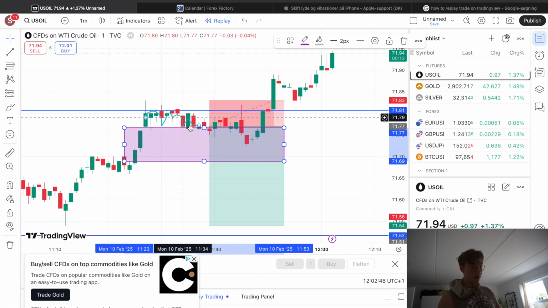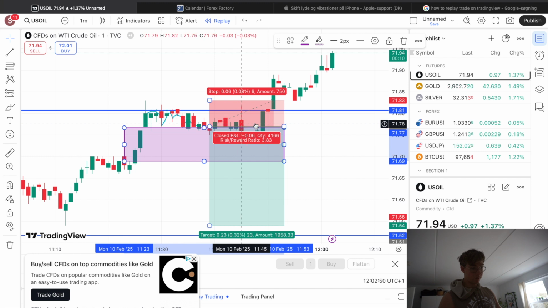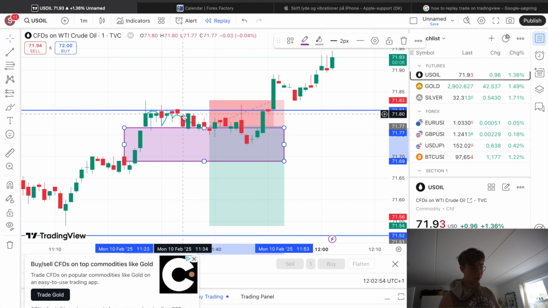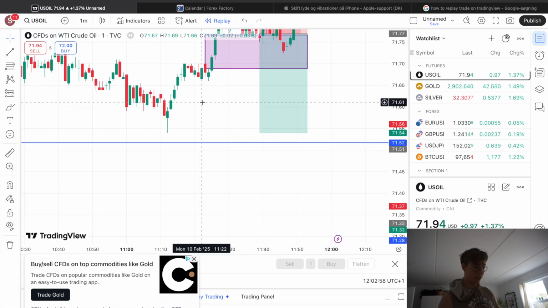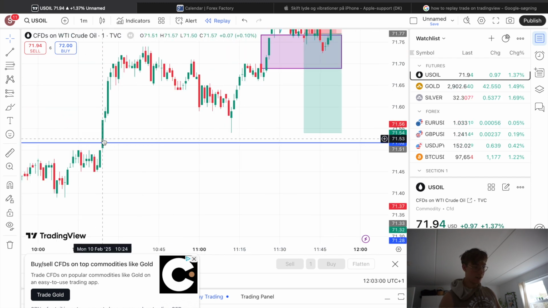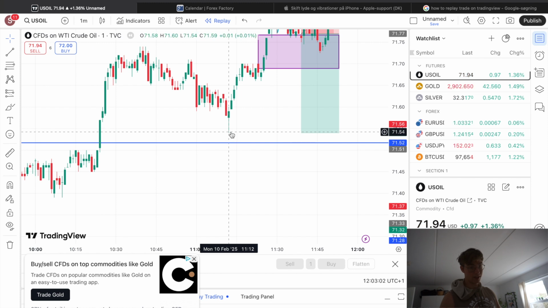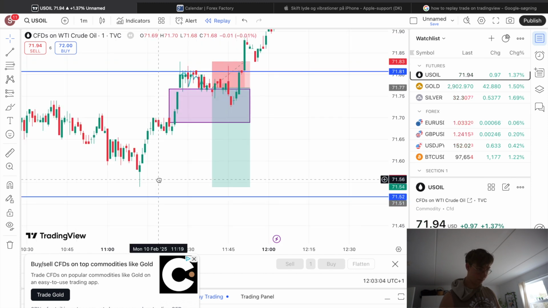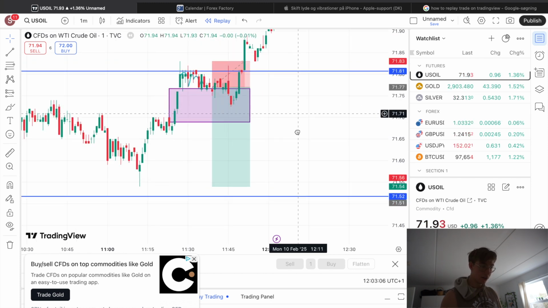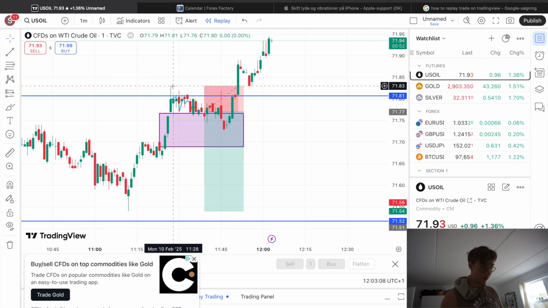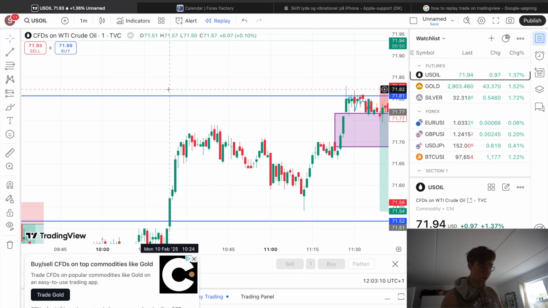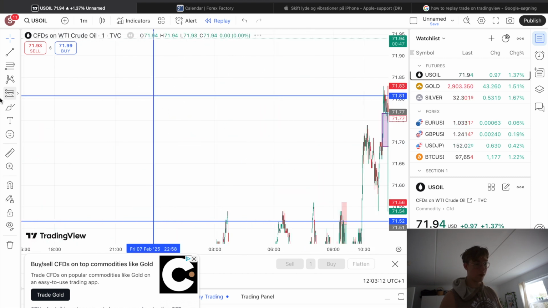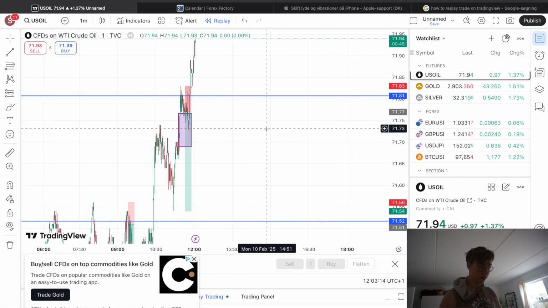So we went down, we chop, but I entered off of this one thinking, oh, we see a 1 minute break of structure, we're gonna go down, and I just targeted this area. Actually I only targeted this low just because I didn't really know. Again, stop loss above the liquidity sweep, which was the liquidity sweep of this over here somewhere.